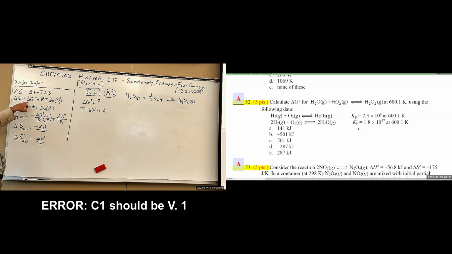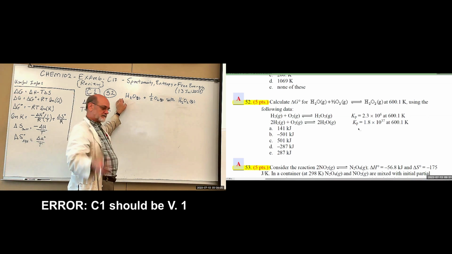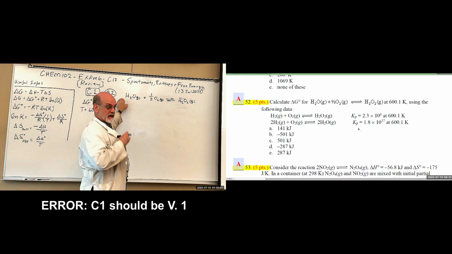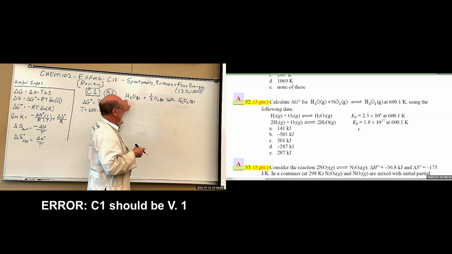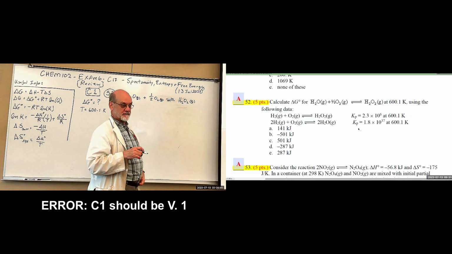We don't have delta S or T. I think we need to focus on this one, because if you look at the information given, you're given equilibrium constants for those individual equations, and we can composite those into this one using Hess's law and determine what the K is from this reaction out of those two.